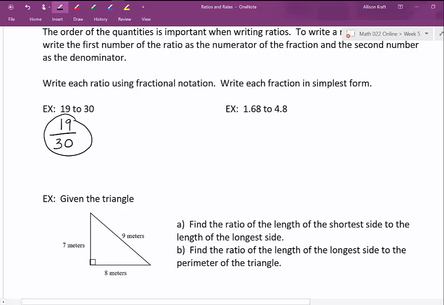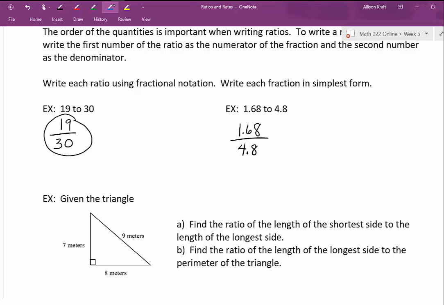In our next example, we see that we have decimals. The problem will start the same. The first number is in the numerator, the second number is in the denominator. We want to simplify this fraction. We're going to simplify it first by eliminating the decimals. We never want to have decimals inside of a fraction. We'll eliminate the decimals by multiplying by a power of 10.